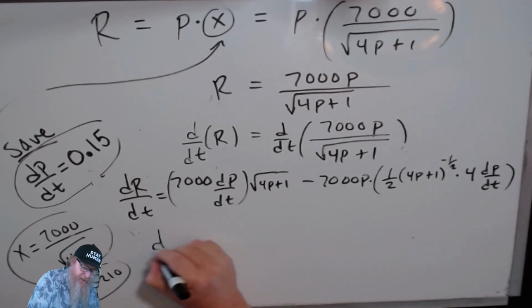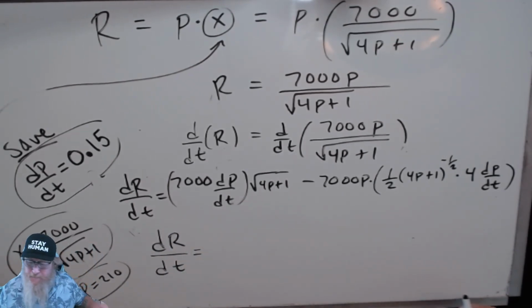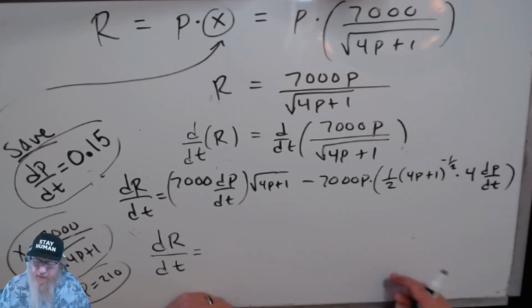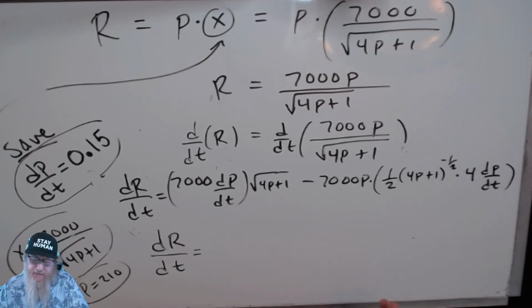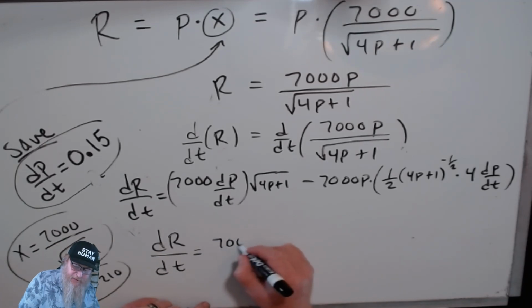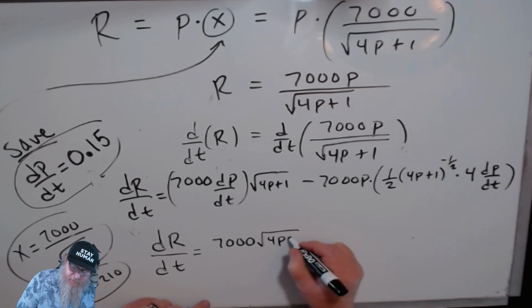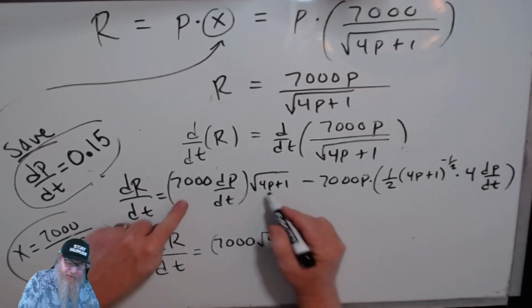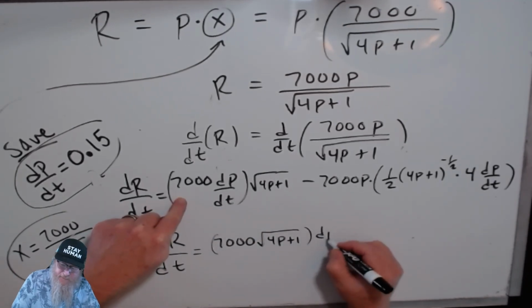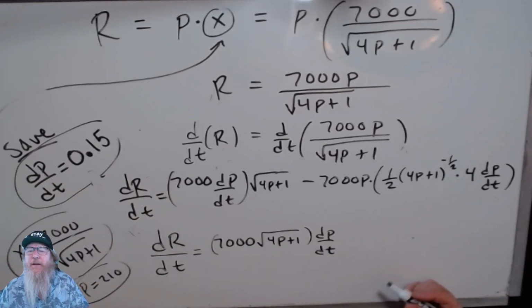All right, so we got the derivative of revenue with respect to time. So can we clean this up a little bit? I think we can. Let's do 7,000 square root of 4p plus 1. That one really doesn't get much better. dp/dt, which is going to be 15 cents in a minute.